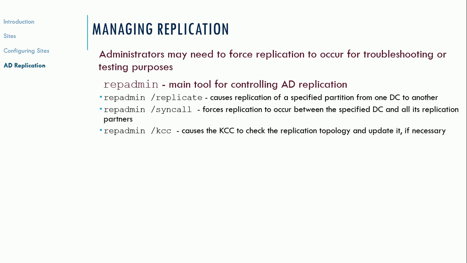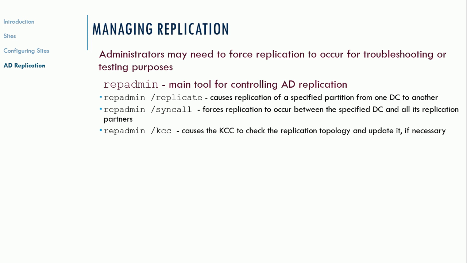As far as managing replication, replication should pretty much manage itself, but you may have to manage it. So the repadmin command has some options that will help you check the status of replication, do some replication troubleshooting, and also manually trigger replication if it's needed, or look at the topology, for example. We talked about the KCC and how it creates that replication topology.